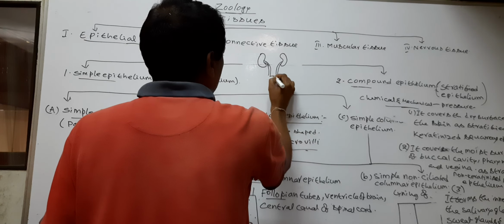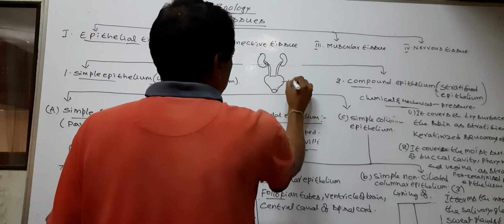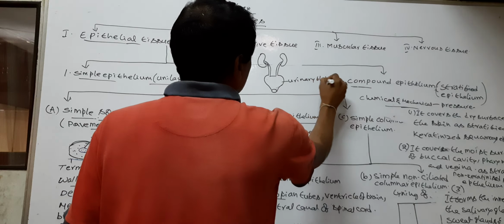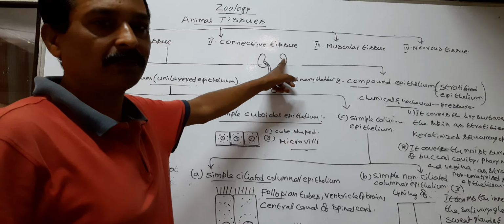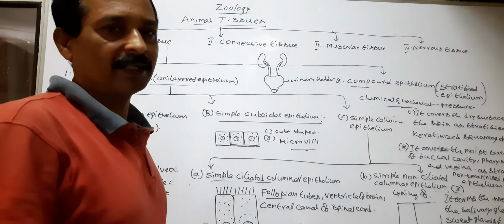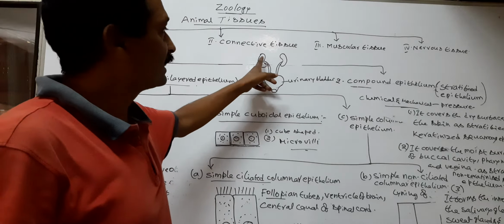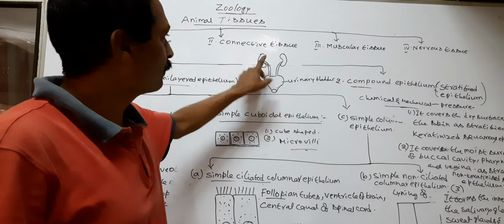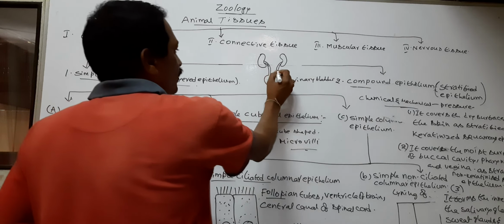These are ureters. This is the urinary bladder. Here, kidneys filter the blood and separate the nitrogenous waste with the help of nephrons. This nitrogenous waste, along with a little amount of water, passes into the urinary bladder through ureters.